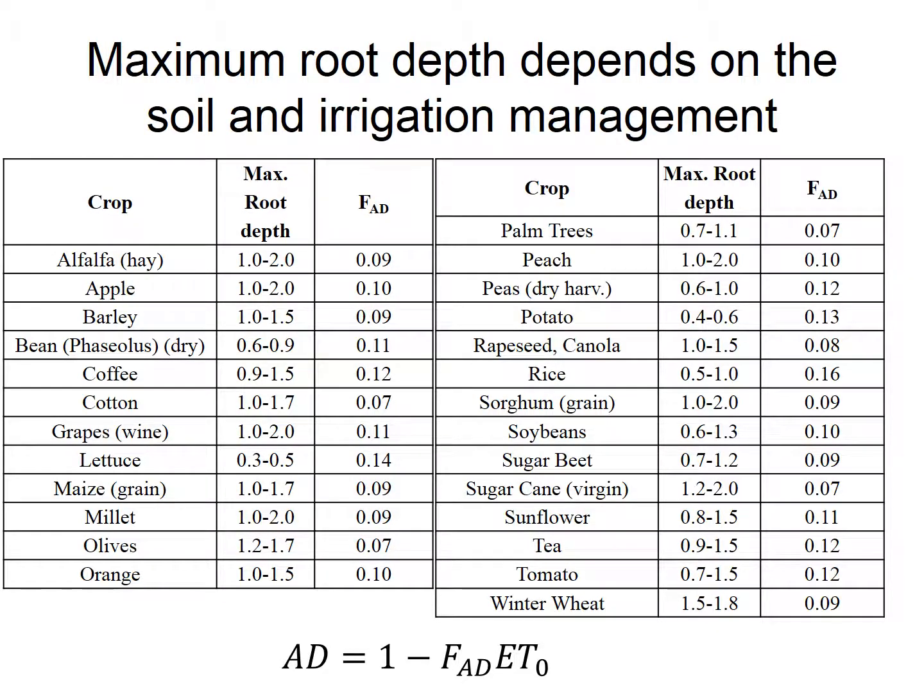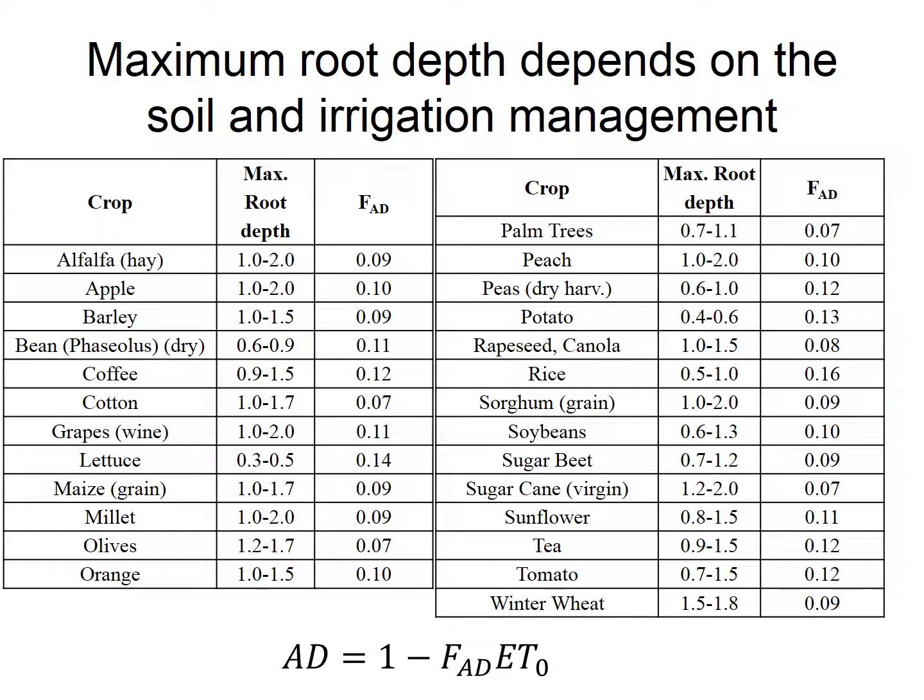Another factor to calculate critical soil water deficit is the rooting depth. The maximum rooting depth depends on soil conditions and irrigation management. In this table, we can see different values for the maximum root depth of different species with soils that are not limiting root growth.